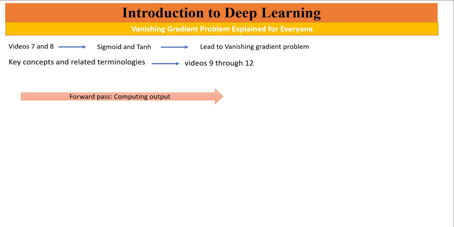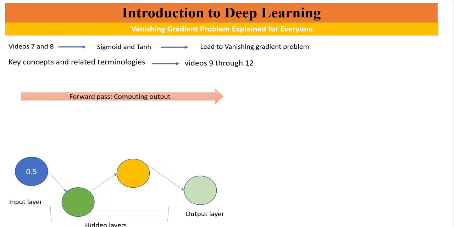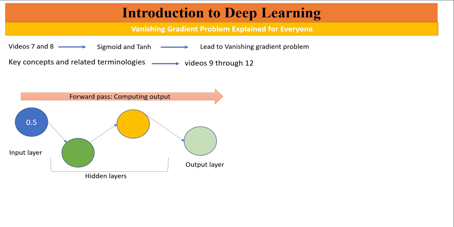For instance, consider a simple 3-layer neural network where the input is 0.5, all weights, W1, W2, W3, are initialized to 0.5, all biases are set to 0, and the target output or actual value denoted by Y is 0.8. This target value is also referred to as the ground truth.